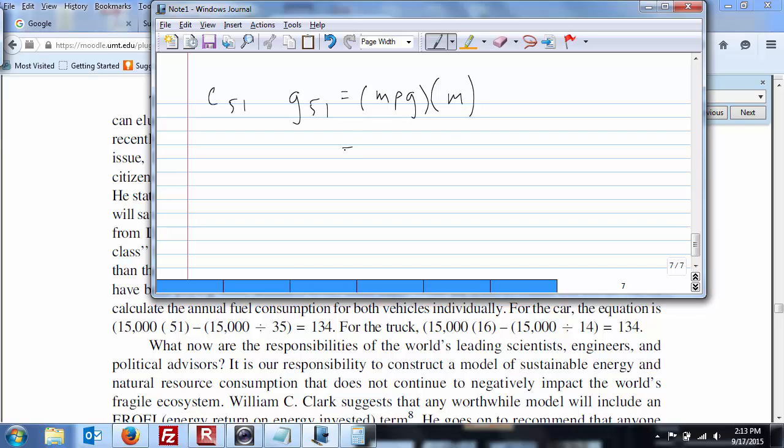So the car going 51 miles at 51 miles per gallon. Okay, one sec. Yeah, I know I'm going to get confused here. Really quick.